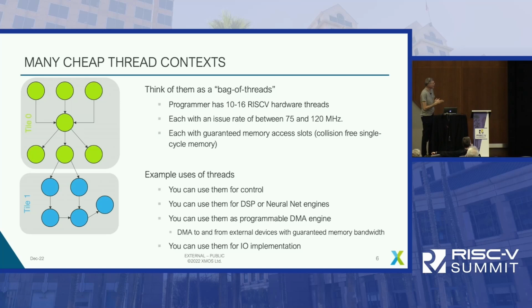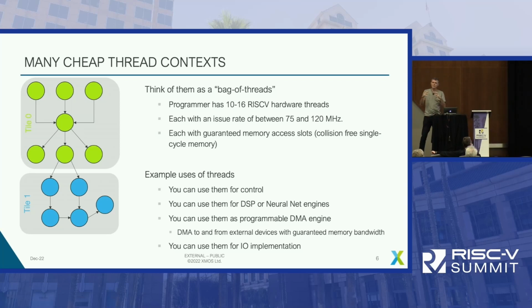So we have many cheap hardware threads, and you can think of them in analogy to the idea of a sea of gates as a programmable blob. This is a bag of threads. You have a large number of threads, and you use them the way you would like to use them. Some people might use them all for DSP, other people might use them for I/O, other people might mix them up a bit. So you can use them for all those tasks, from control to DSP, to neural networks, to DMA engines.